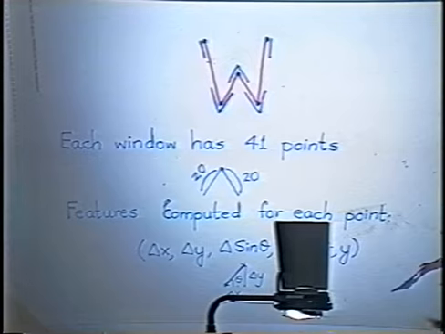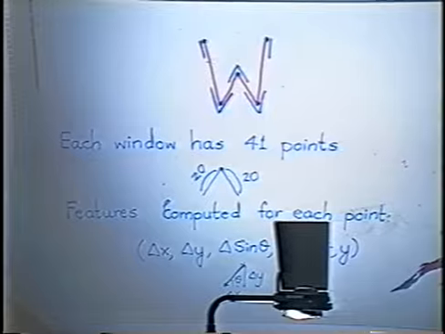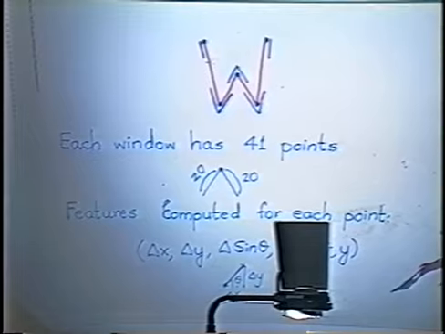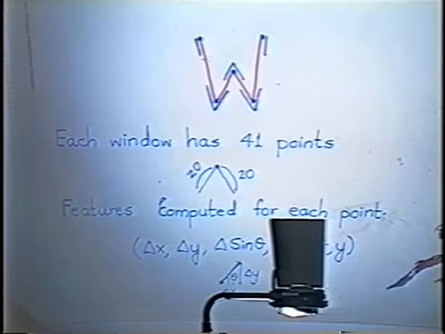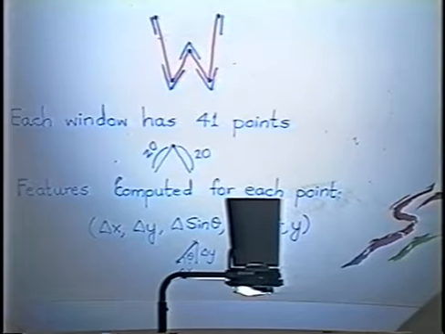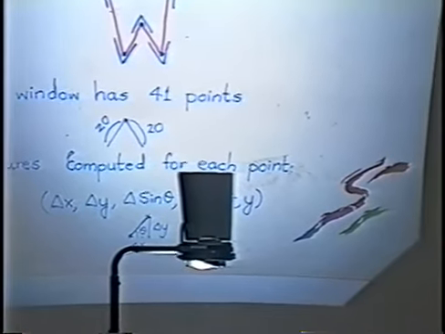But in the system that ships, these are the kinds of features that we use for one of these windows. Each window has 41 points. For every 2 pairs of points, we compute these features, and that gives us 205 dimensions. We use LDA to project that down to 9 dimensions. And that's the feature space that we work in. So each frame here consists of 9 different features.